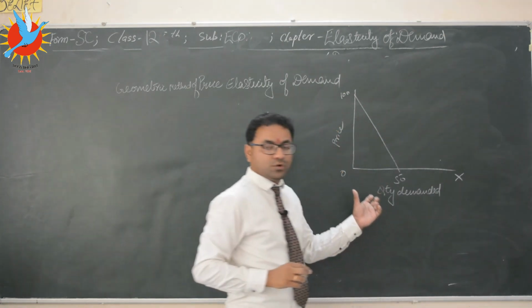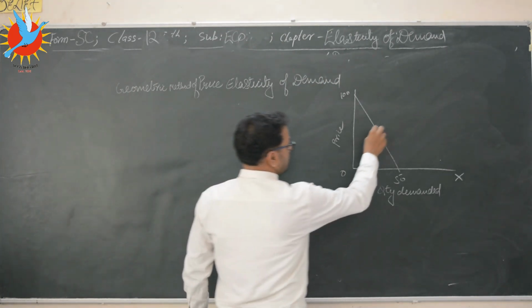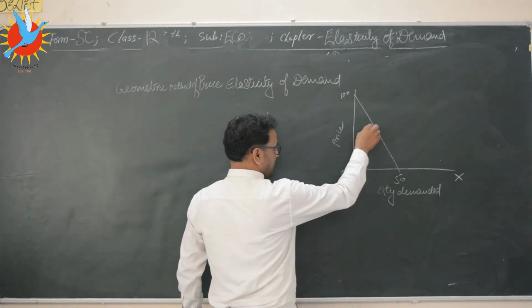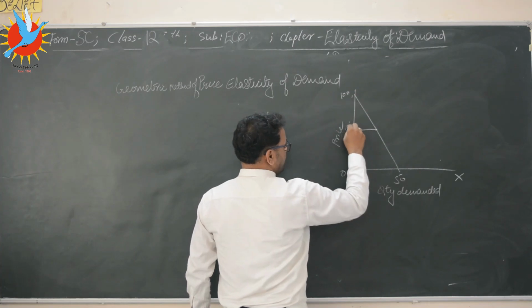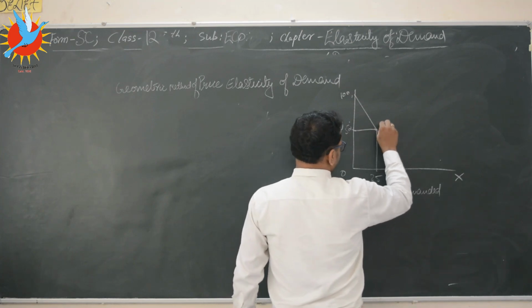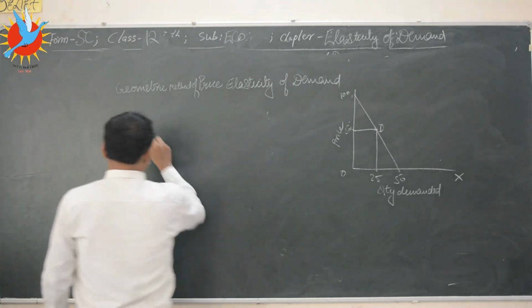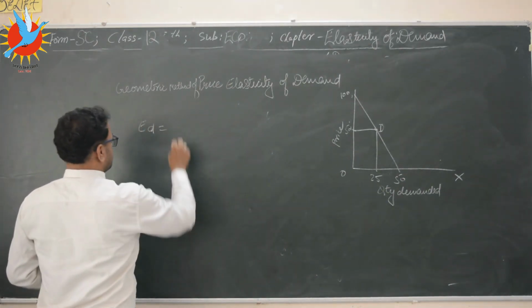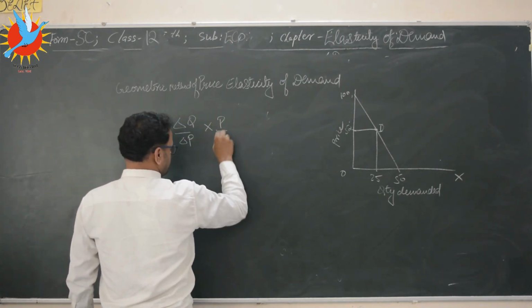Now if we have to calculate how elasticity is equal to 1 at midpoint. So when we measure the elasticity at midpoint, this will also be half of this, means it will be 50, and this will also be half of this, means this will be 25. We have to measure elasticity at point D. Now the formula for proportionate method is delta Q upon delta P into P by Q.